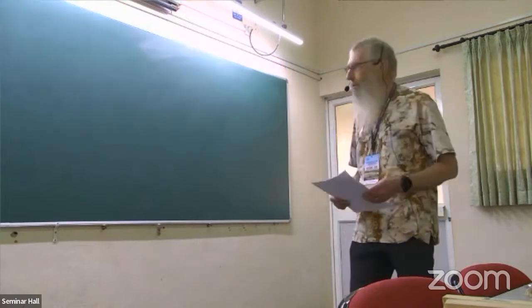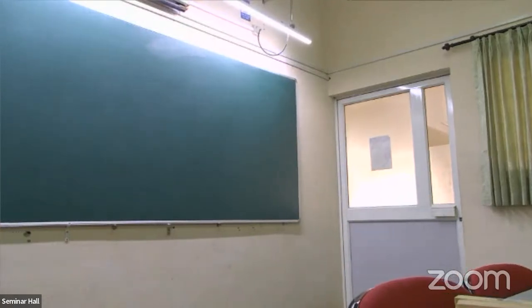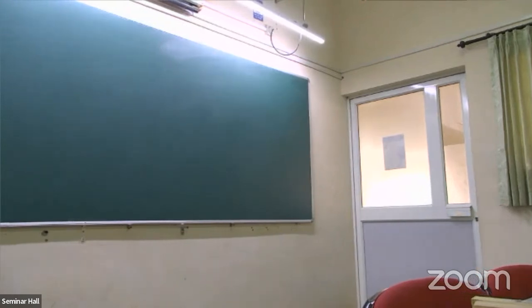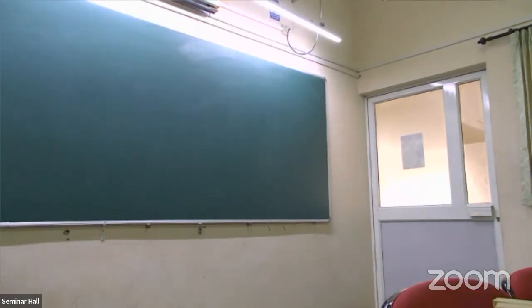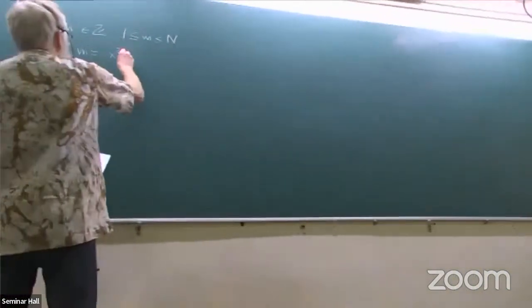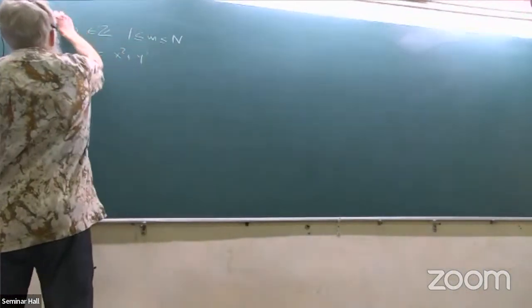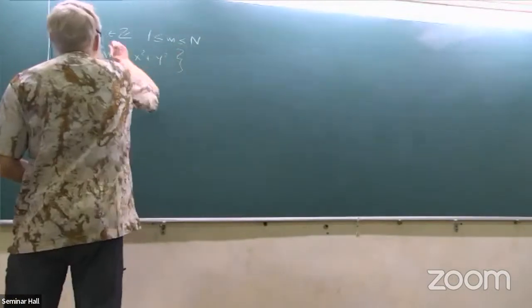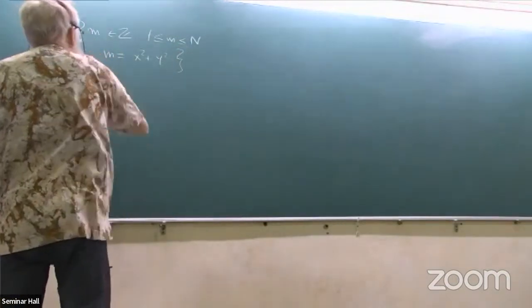And the question is to consider the number of integers between 1 and n which are sums of two squares. So n equals x squared plus y squared. And we want to count the set of these numbers.